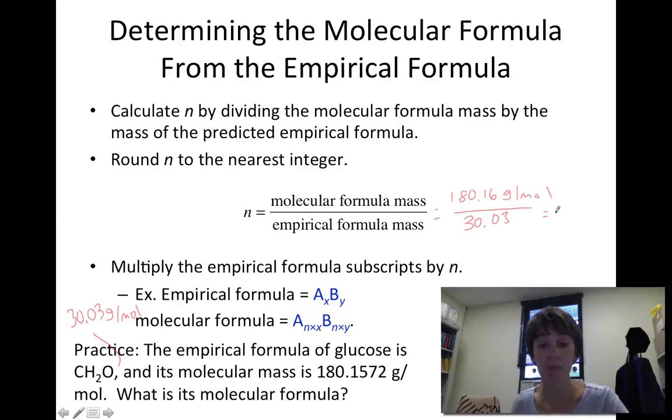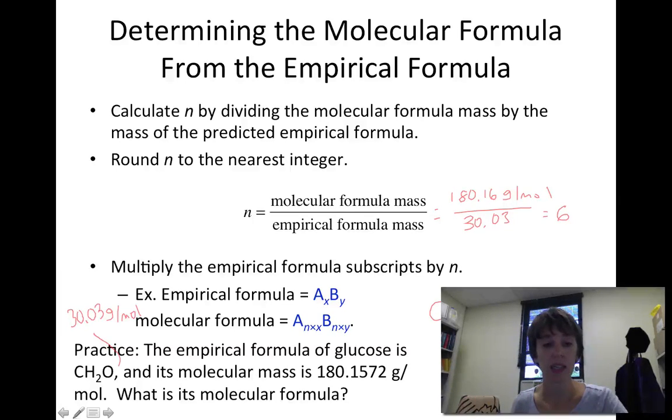And we've just calculated the empirical molar mass to be 30.03. This simplifies to pretty close to 6. And so this n is the multiplier that we're going to apply to each of the numbers in the ratio.